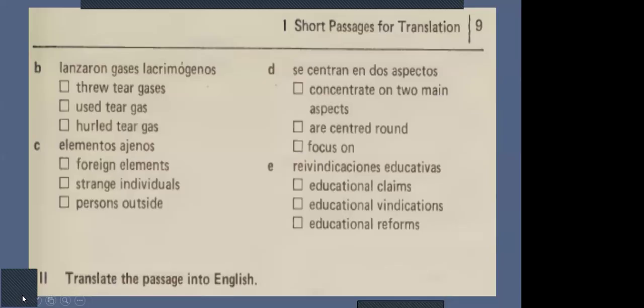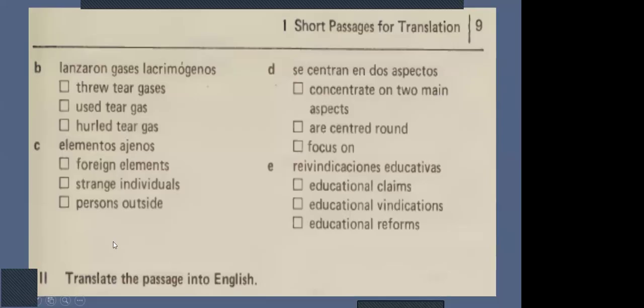Yes, I agree. Also, if we use reforms, it's because the situation with the students has been going on before, so they're asking for some kind of reforms that was said before. I don't know, because it's very specific.